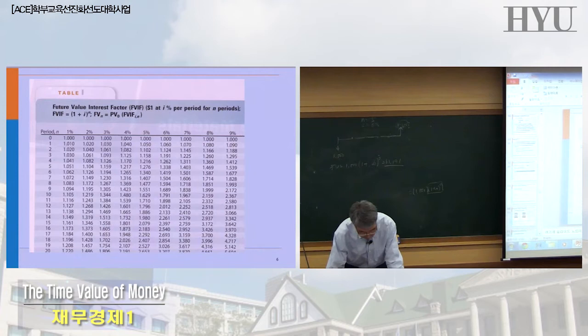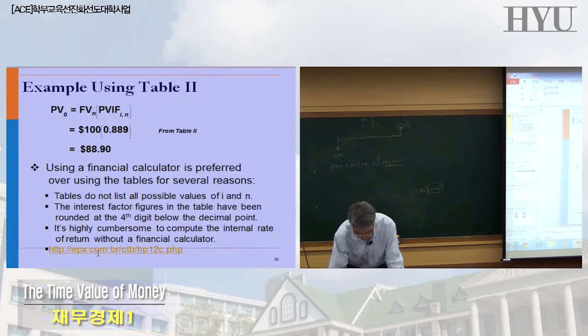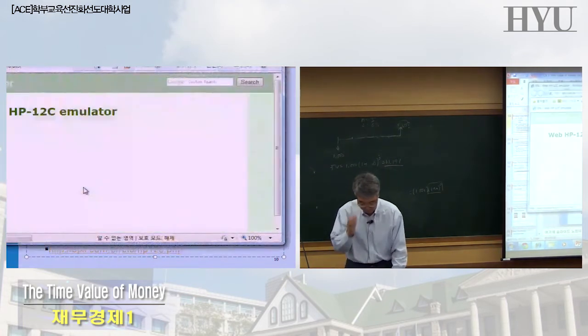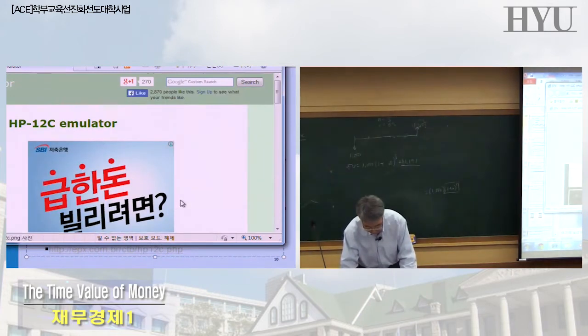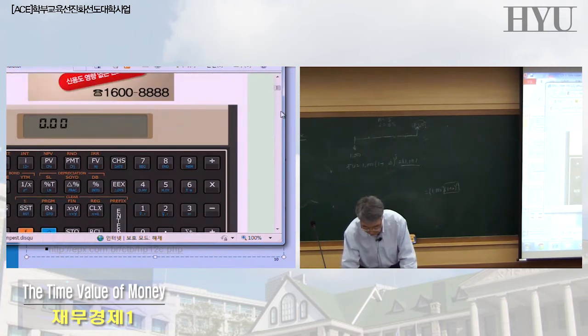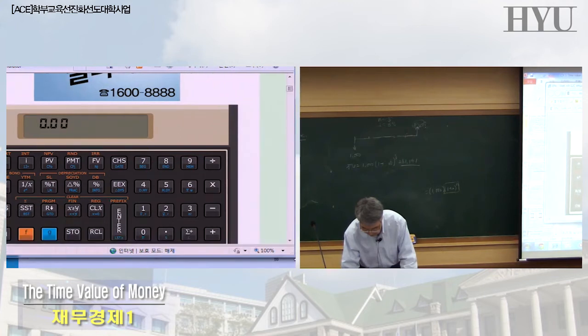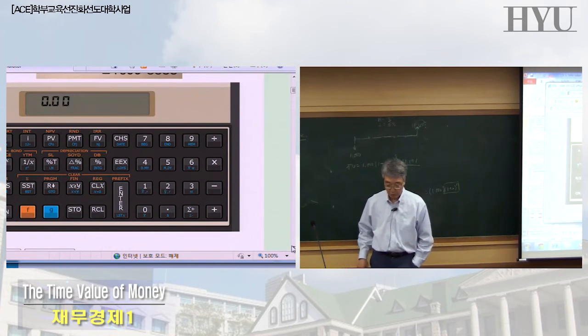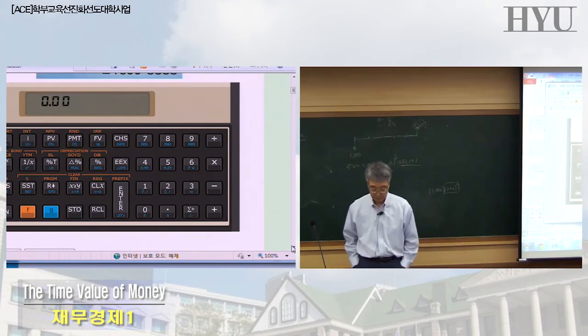All right, let me pull up a financial calculator now. Why don't you pull out your financial calculator? All right, this is how the HP12C looks.